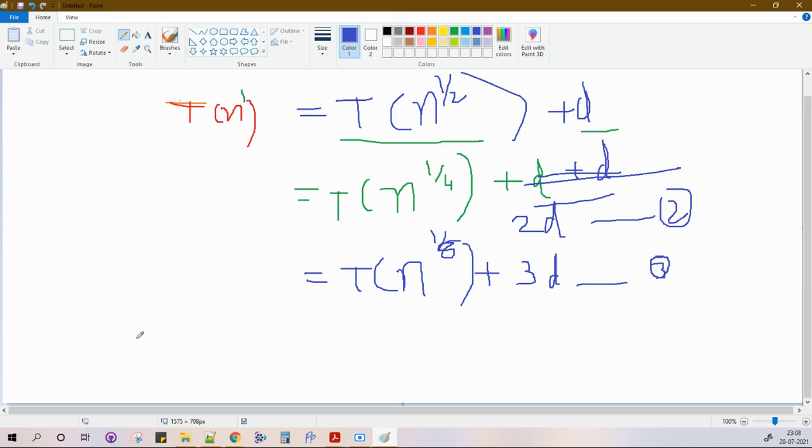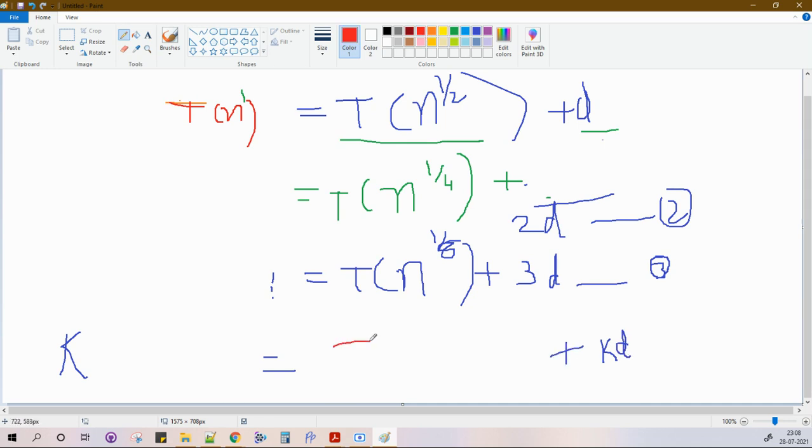How do we generalize it to level k? If it is the first level, then it is 1 by 2. If it is the second level, then it is 1 by 4. And if it is the third level, then it is 1 by 8. The d is easy, like 1, 2, 3, so it would be kd for sure. So this is solved. How to write this term?